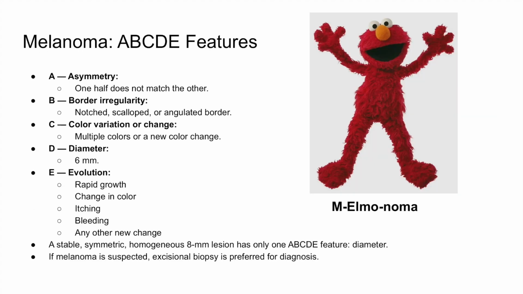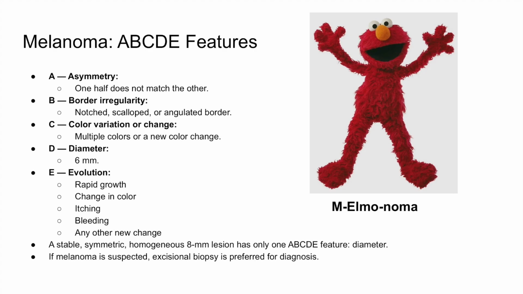So now we're going to do the melanoma ABCs with melanoma, okay? The ABCDE criteria help identify pigmented lesions that deserve further evaluation. A stands for asymmetry, meaning one half does not resemble the other. B is an irregular, notched, or poorly defined border.